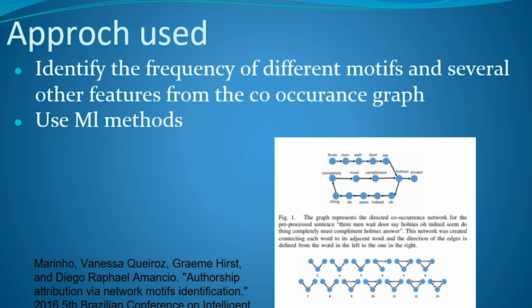Also you compute various other properties of the network. You give it to a machine learning algorithm, and finally, because it's basically a classification problem, you have to classify who has written a text.